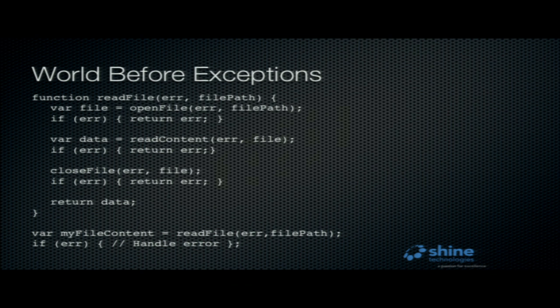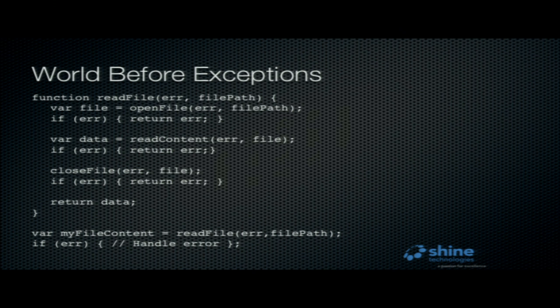There was actually a world before exceptions in synchronous code, and I remember that time. Here's an example. This is still JavaScript, but here I'm trying to do the same thing without dealing with exceptions. What you end up having to do is, for all your operations, extend your signature to add an error object or some kind of parameter that notifies the calling function that an error occurred.